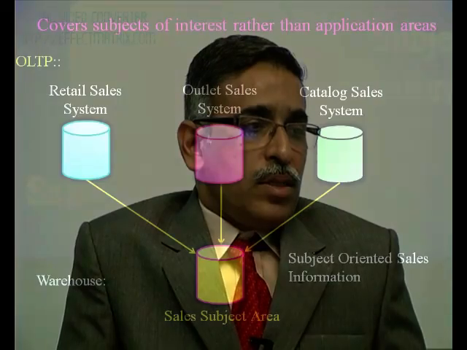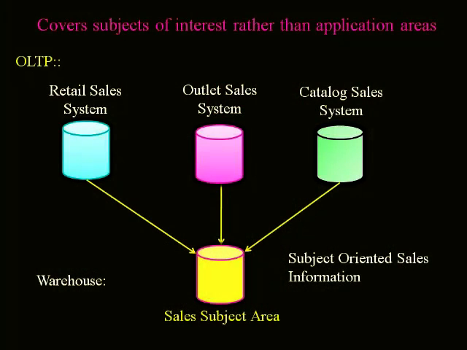So to extract such meaningful information, we extract only such data and then we put it in the data warehouse. For example, there are three different kinds of systems here: retail sales system, outlet sales system, and catalog sales system. Say, sales is a subject area here.